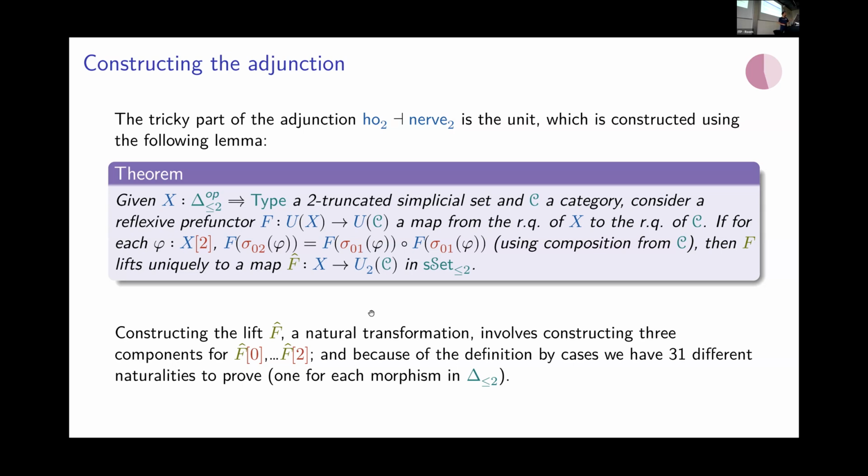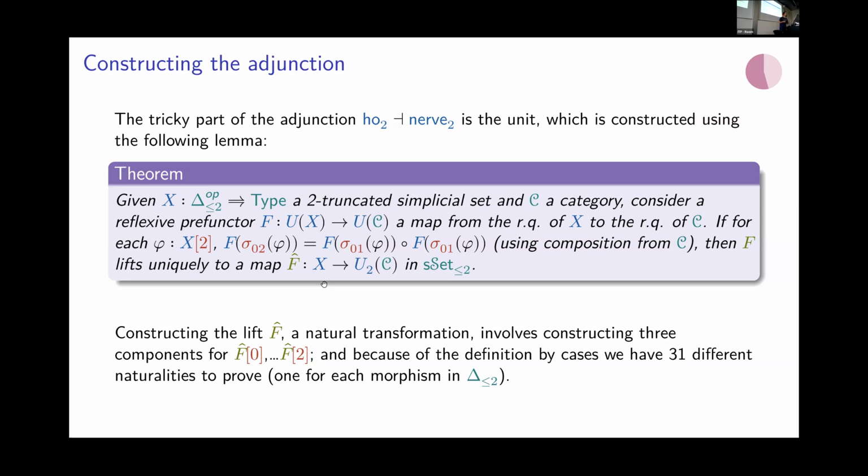Then under some condition, which I believe is basically just saying that it respects the quotient, if your f exists and respects the quotient, then it can lift to a map on the simplicial sets. These are for getting to reflexive quivers, and this is for getting the category down to a two-truncated simplicial set, so it's slightly less forgetting.